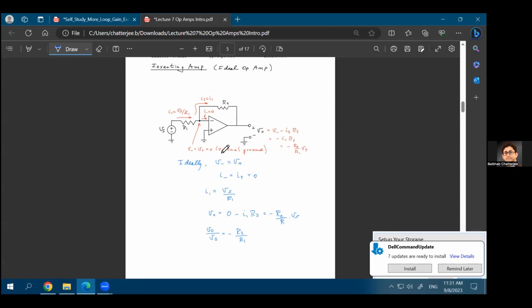But if you have positive feedback, then as T increases, you still have the same thing. You have one plus a very large quantity, or one minus a very small quantity, because one upon a very large quantity is a small quantity.